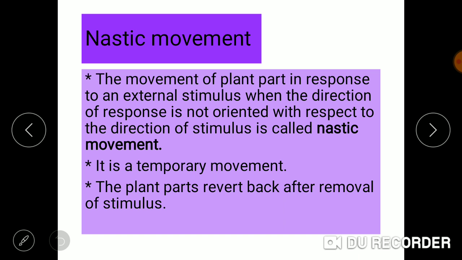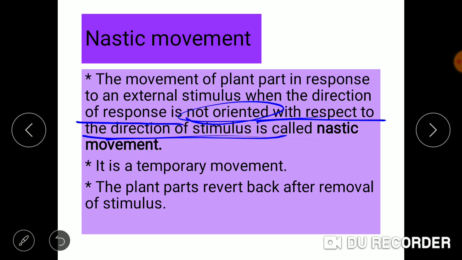Now we move on to another type of plant movement, which is nastic movement. The nastic movement is that movement which occurs when the direction of response is not oriented with respect to the direction of stimulus.